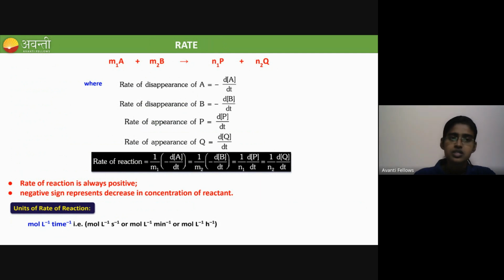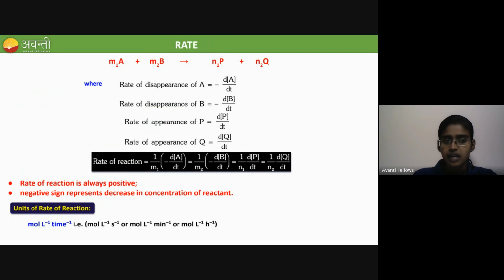Since A and B are the reactants, their concentration will be decreasing, so we represent it using the minus sign. It is minus dA by dt, and for B it is minus dB by dt. The products are formed, so it is dP by dt and dQ by dt. We put a negative sign for reactants and a positive sign for products.